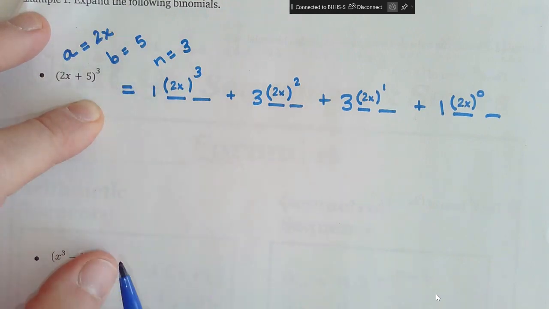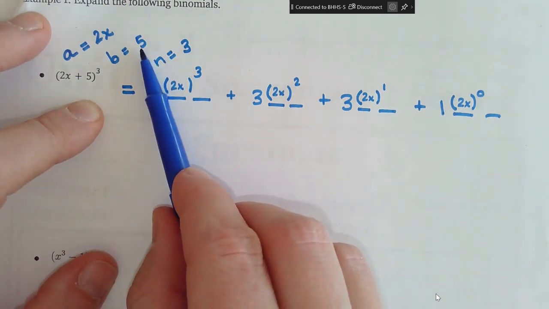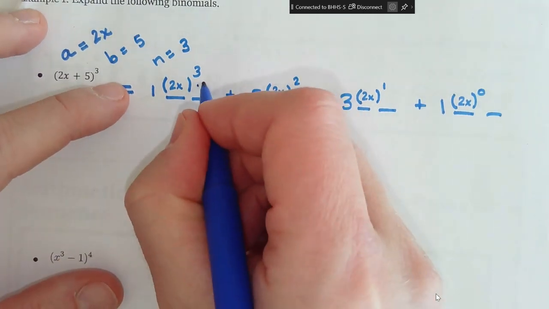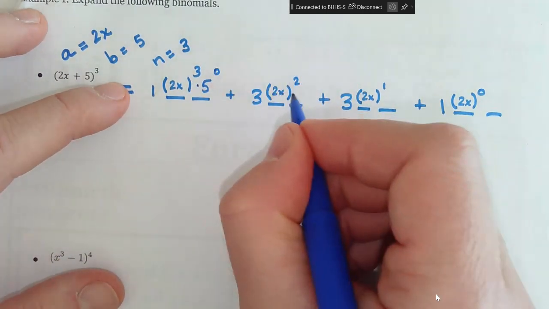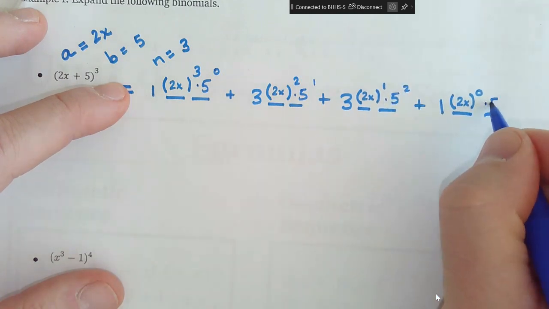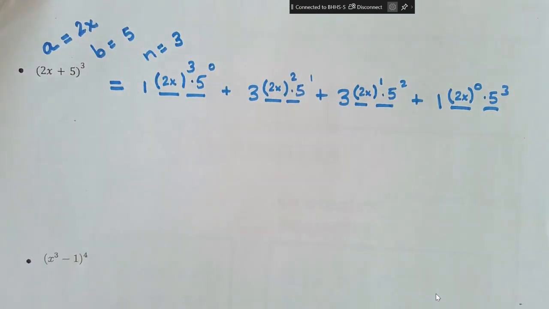Go to B. B I'm not going to bother putting in parentheses, and that's because see how it has only one component? This has the 2 and the x, but this is just a 5. So I'm going to go 5 to the 0, 5 to the 1, 5 to the 2, and 5 to the 3. Okay, so that's step number 2, is you get it expanded out.